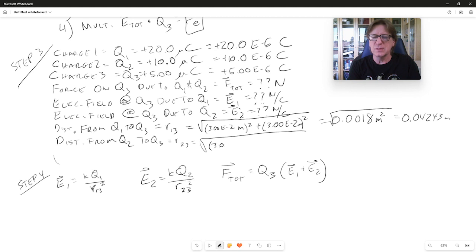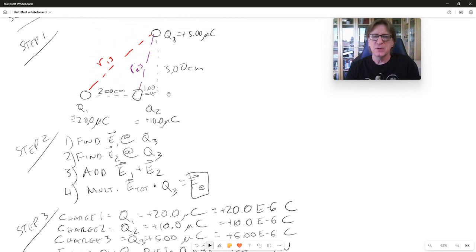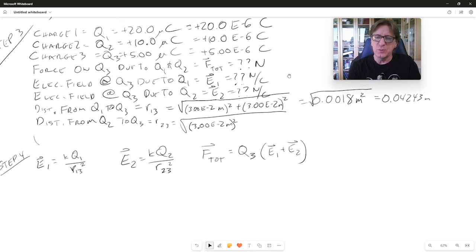We have the square root of 3 centimeters, so 3e-2 squared, plus this one right here is only 1 centimeter, so we will put in plus 1.00, again, e-2 meters squared.